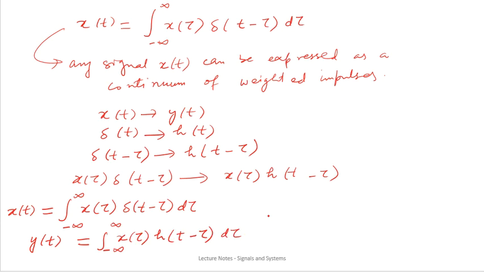Now what you see from here is that we obtain the system output y(t) due to an arbitrary input x(t) in terms of the unit impulse response h(t). So the output is expressed in terms of the impulse response.